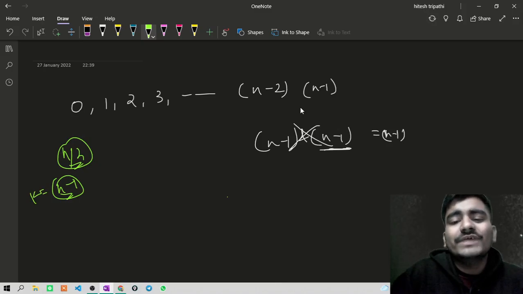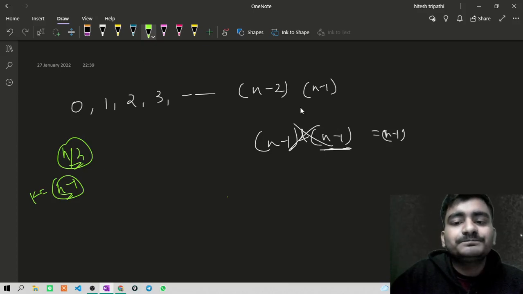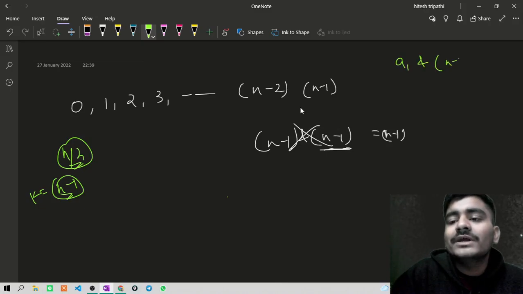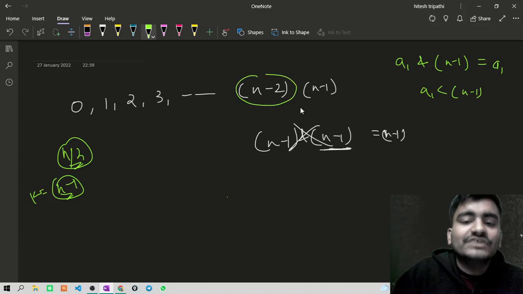So what we can do is again a constructive algorithm. I already know that whenever I do the bitwise AND of some smaller number a1 with n minus 1, it will simply give me a1, where a1 is less than n minus 1. Okay, so what if I can get n minus 2 from here and 1 from here?